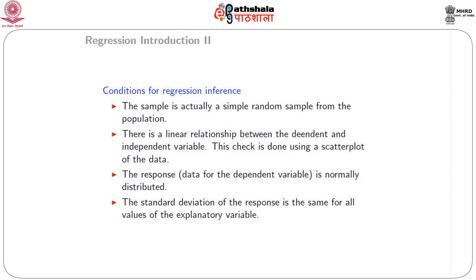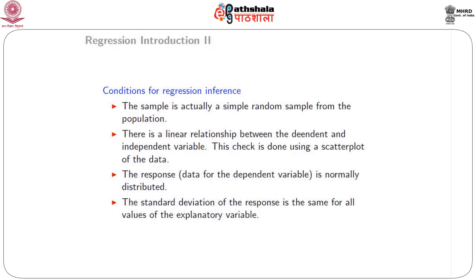If we create a scatter plot of the data, we can see that the points are aligned on a straight line, either positive or negative, and then we can conclude from the scatter plot that there is a linear relationship between the dependent and independent variable. And based on this conclusion, we can fit a regression model to the data.